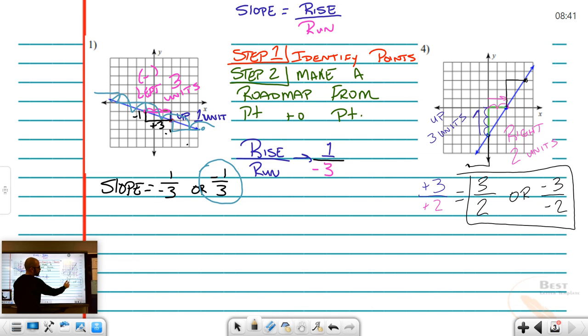So think about 3 over 2. A positive divided by a positive is a positive. Negative 3 over negative 2, a negative divided by a negative is a positive. Therefore, both of these slopes would be exactly the same, okay? Even though these are both negative and negative. So you can go either direction on your line when you make your stair steps, as long as you start with your rise and your run, but understand that you can go the opposite direction if you need to find different points, okay? It's really important to understand that.